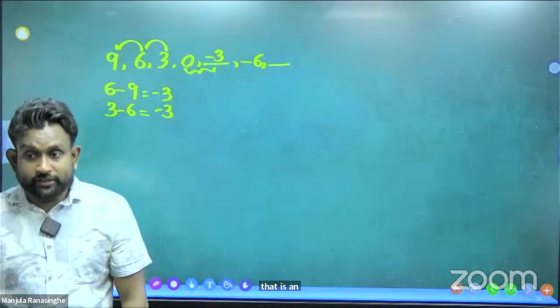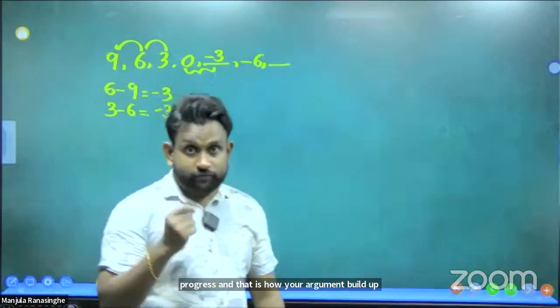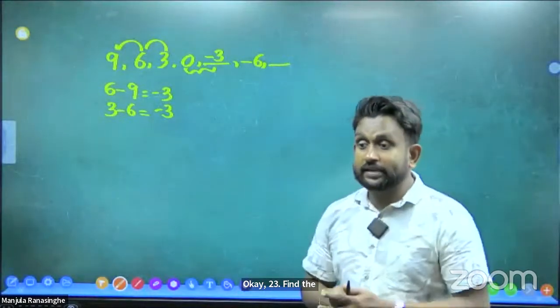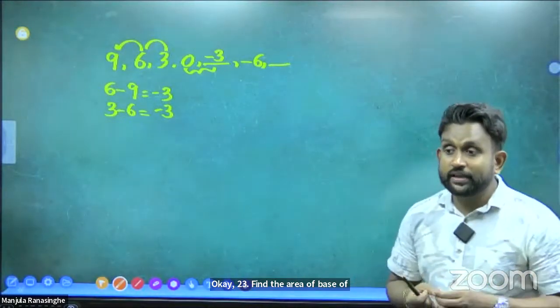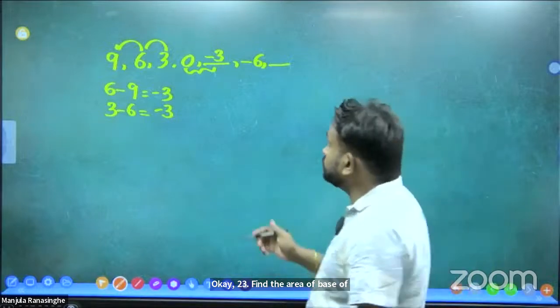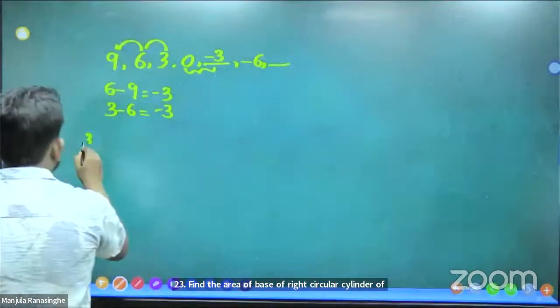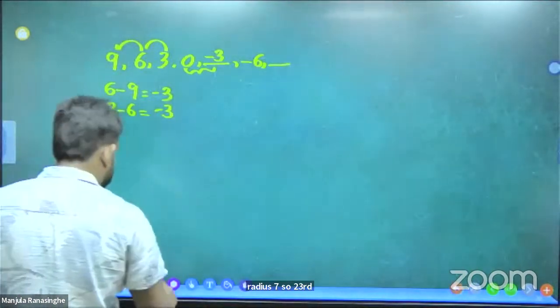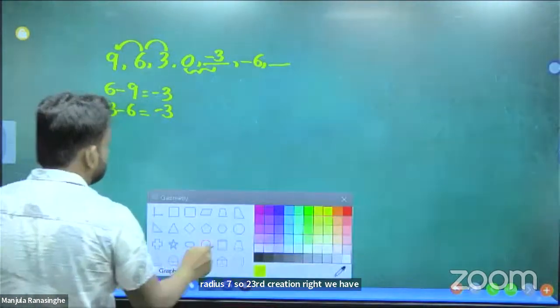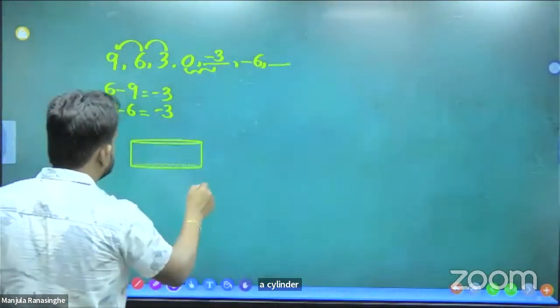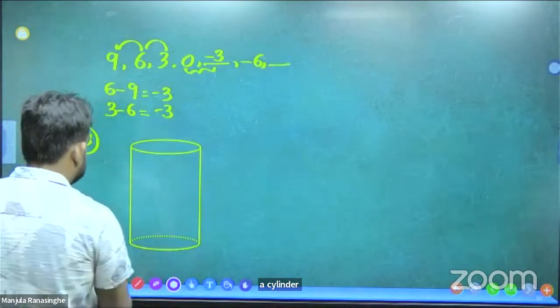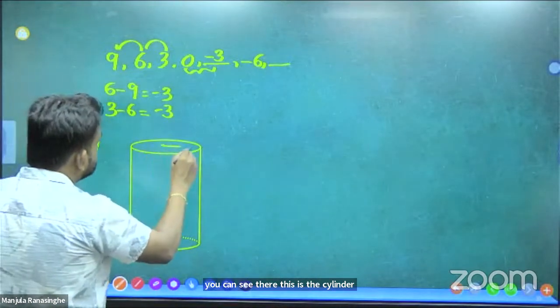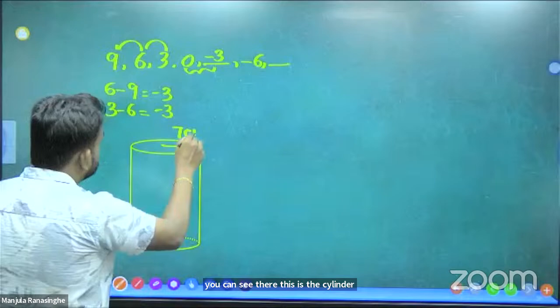Okay, 23. Find the area of base of a right circular cylinder of radius 7. So 23rd question, right? We have a cylinder. You can see there, this is the cylinder, right? Then the base radius is 7 centimeter.